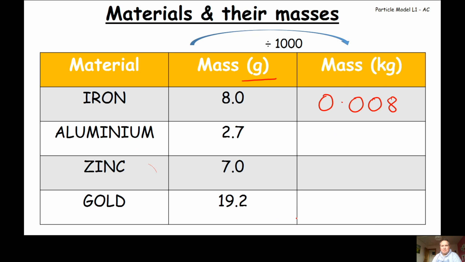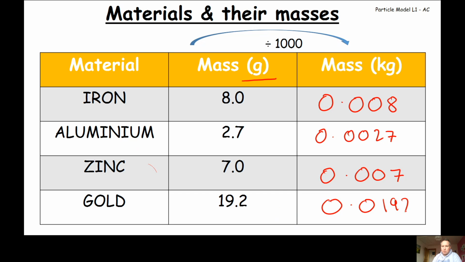If you've done your sums, you should have got 0.0027 for the aluminium, 0.007 for the zinc, and 0.0192 for the gold. For each one that you got right, you can colour it in green or give yourself a tick on paper. If you got any of them wrong, go back and change them so you have the right answers now.